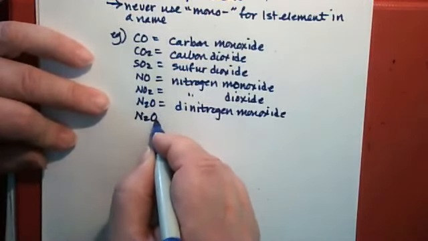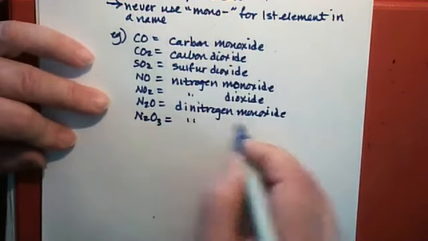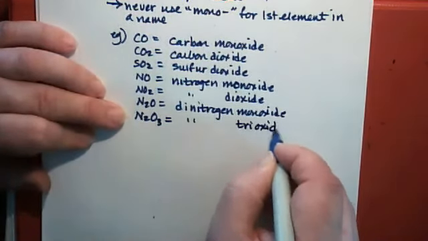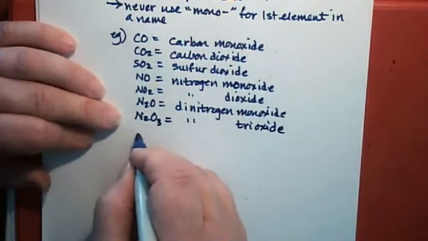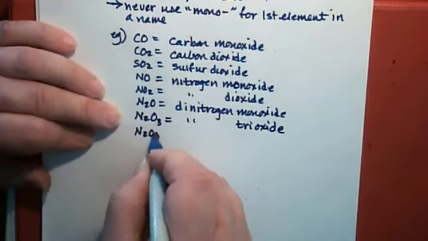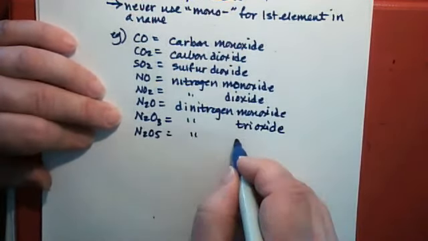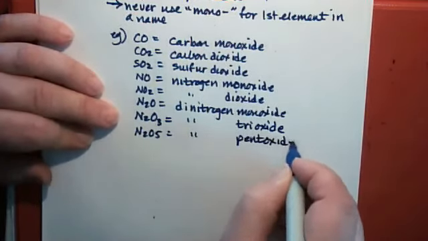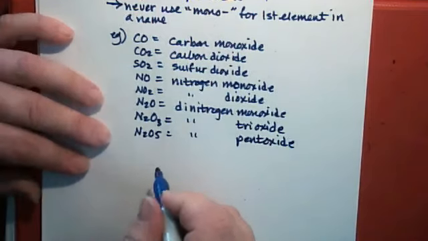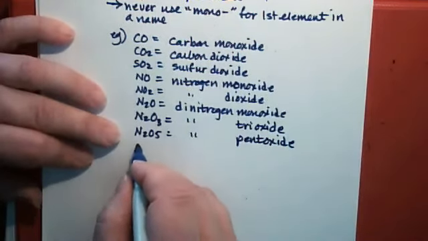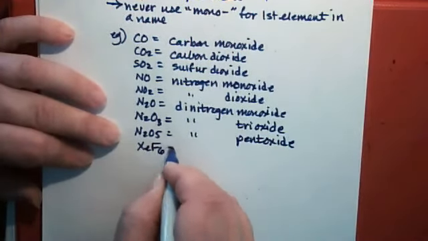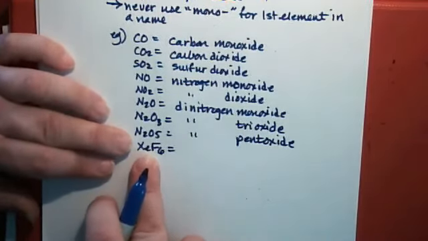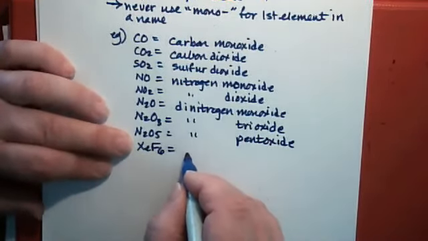What else did we have? N2O3, dinitrogen trioxide. And N2O5, dinitrogen pentaoxide. There's also XeF6, one of the few compounds formed by any noble gas, would be xenon hexafluoride.